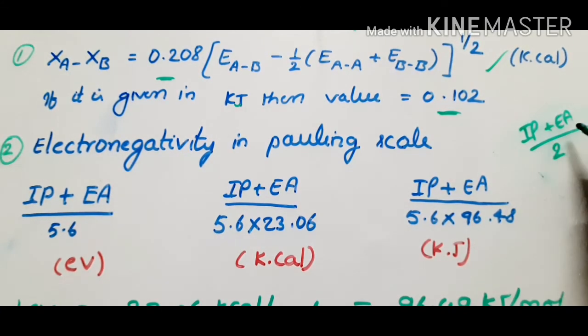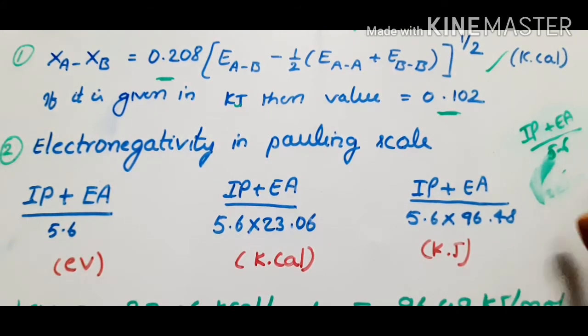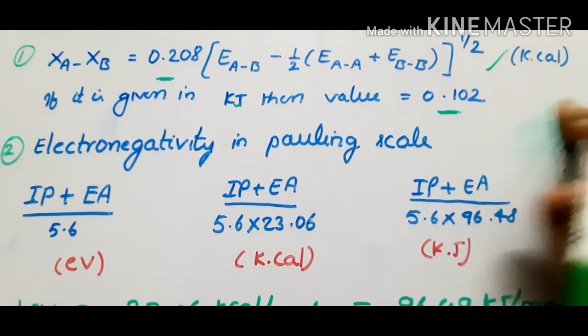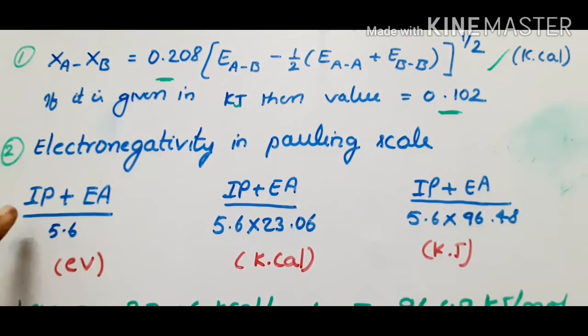But Mulliken described that his value is 2.8 times more than Pauling's. That's why the value becomes 2 into 2.8, that is 5.6. So I write it as ionization potential plus EA by 5.6.